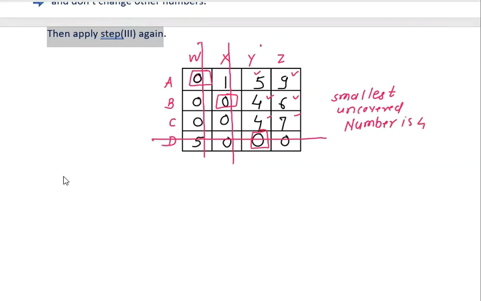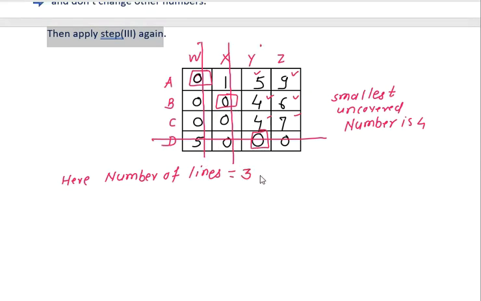The number of horizontal and vertical lines we have drawn is 3, 2 vertical and 1 horizontal.